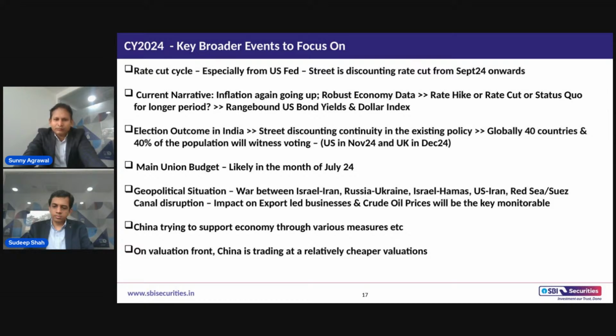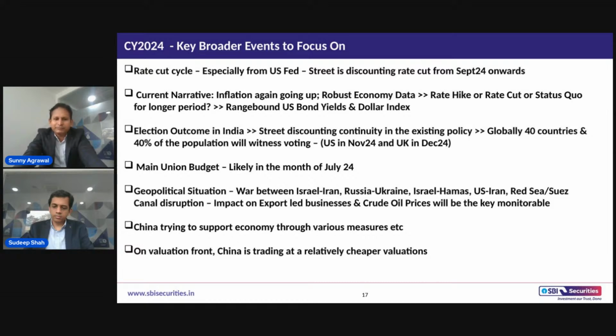China is trying to come back through various economic measures, and that is the reason we have seen, of late, a shift in foreign institutional investor flow from emerging markets like India to China. Just to share one data point, India is trading at close to 18 times 1-year forward price to earnings multiple as compared to China, which is trading at 8 to 10 times.